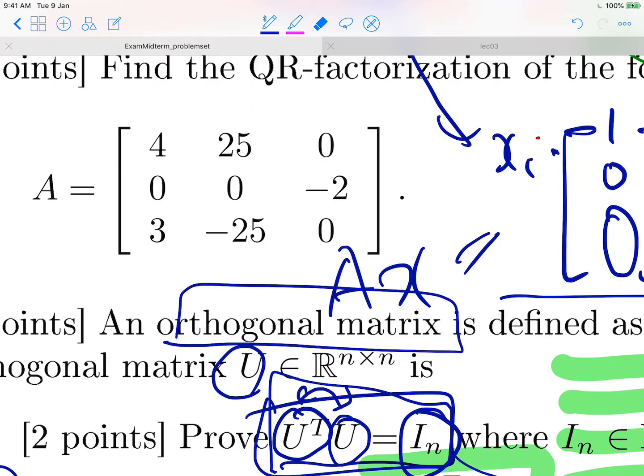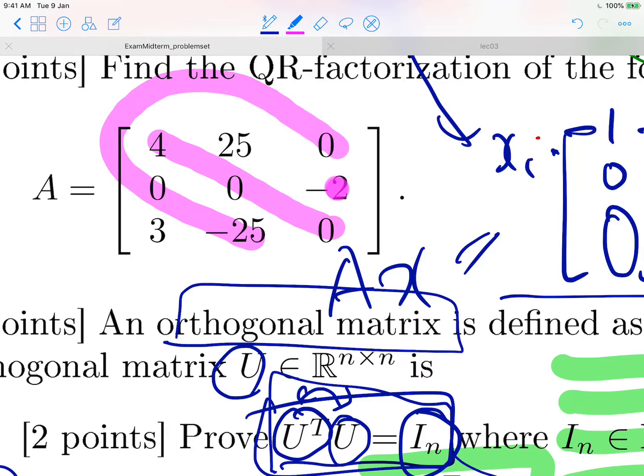We compute the product of these 3 numbers, and these numbers and these numbers, right?